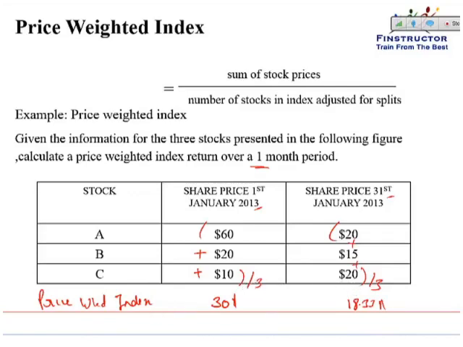So if you compute the return on the index, it would be the ending value, that is 18.33, minus the beginning value, divided by the beginning value.